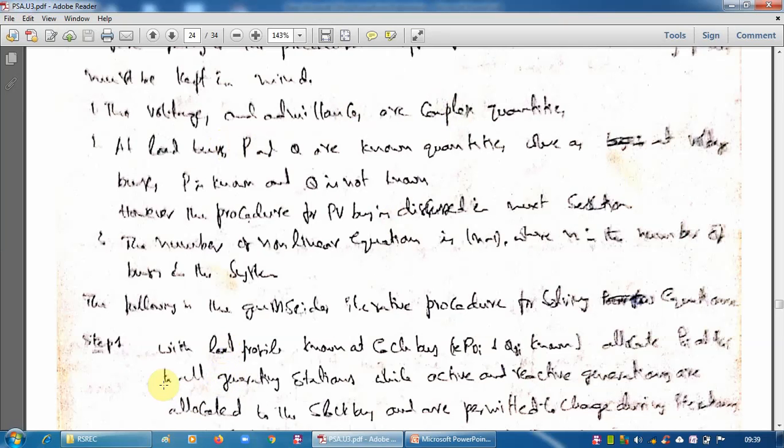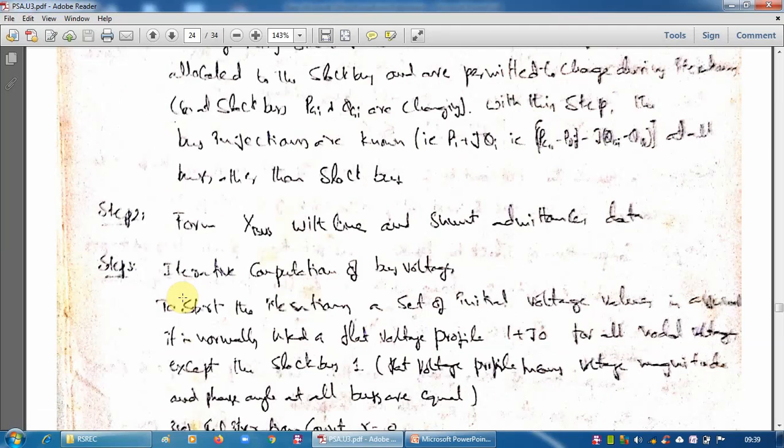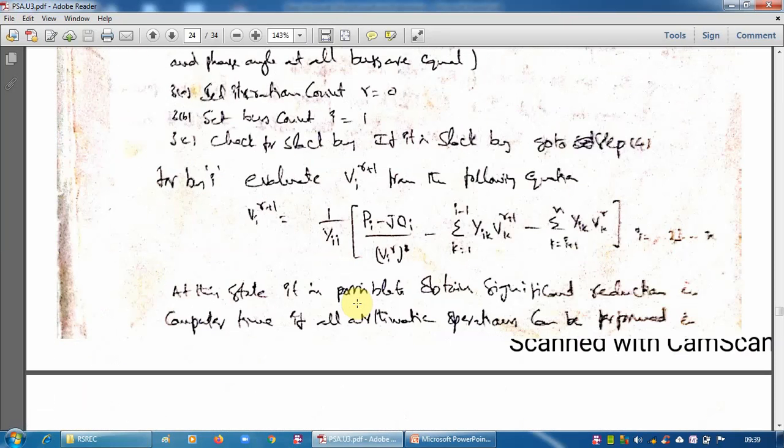These are the assumptions, and with these assumptions, as we assumed only load buses right now, the main steps are first determination of Y bus, and next determination of all bus voltages except one bus, that is slack bus. For remaining all bus voltages, determination of bus voltages and angles by using this Gauss-Seidel equation.